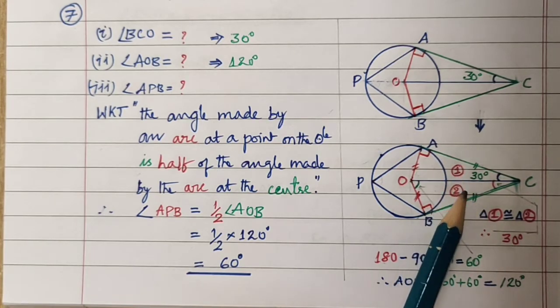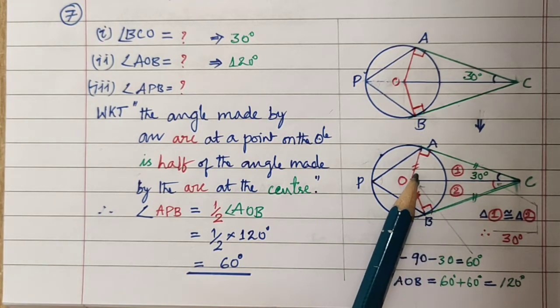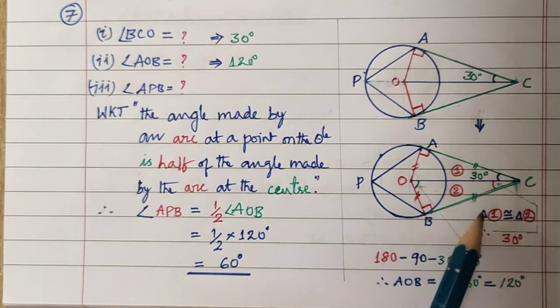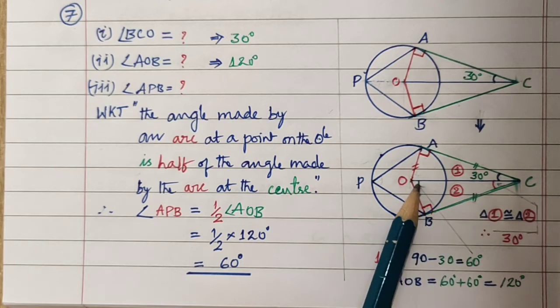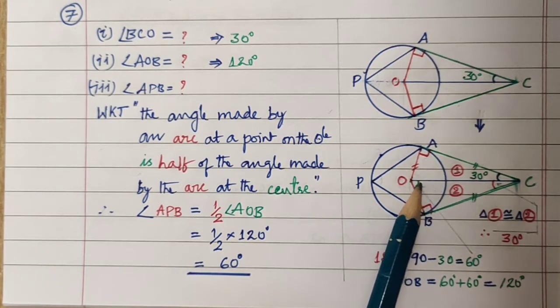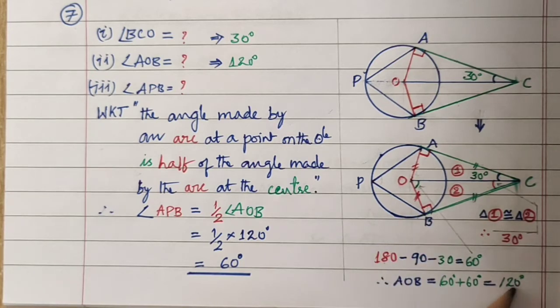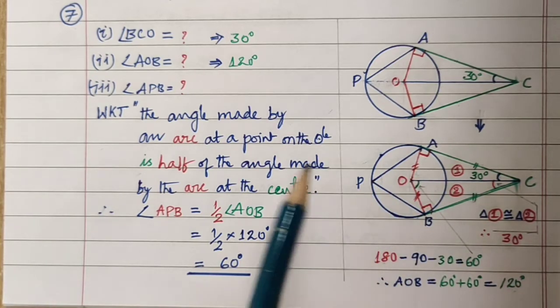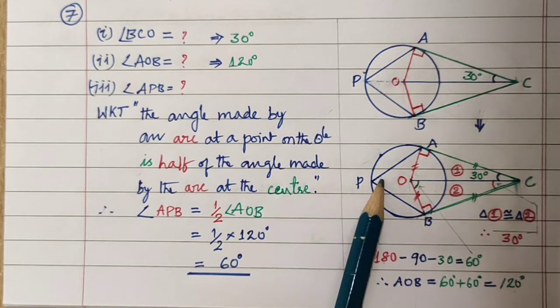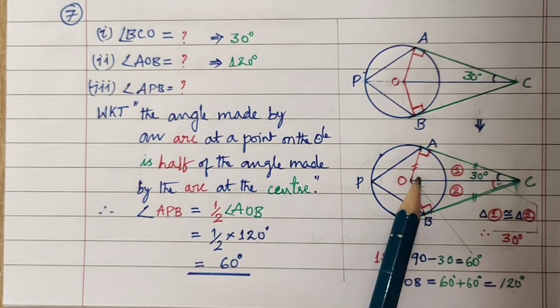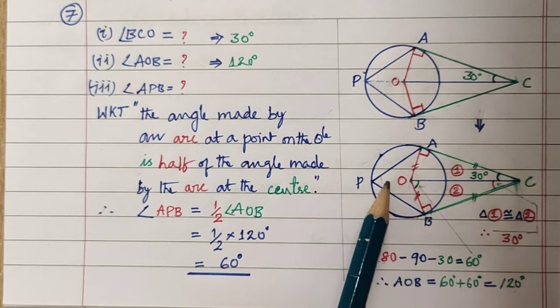Because the interior angles of a triangle sum to 180, once we know two angles, we can easily find the third angle. By that way we found this. So because these two triangles are congruent, this angle is equal to this angle, and this plus this is 120. We also know that the angle made by an arc at a point of a circle is half of the angle made at the center. We know that 120 divided by 2 will give this.